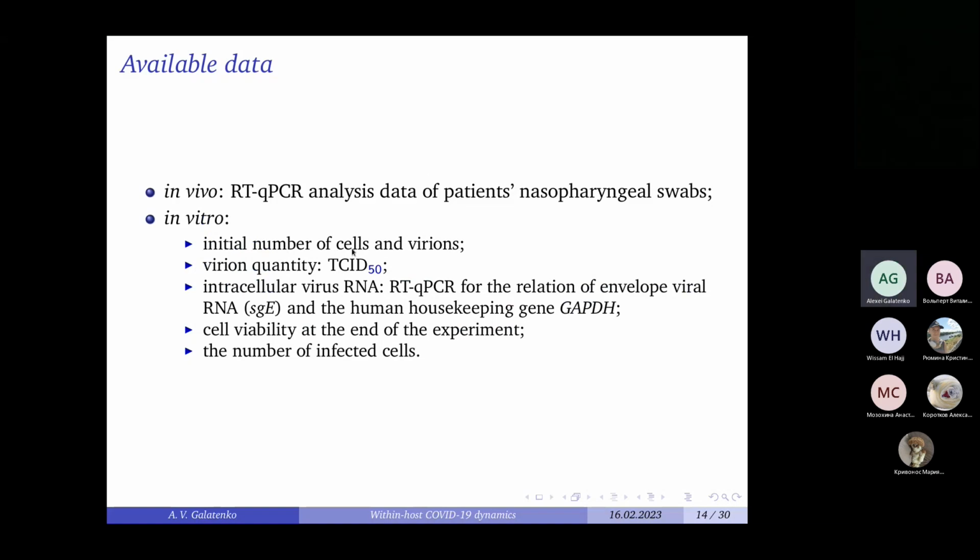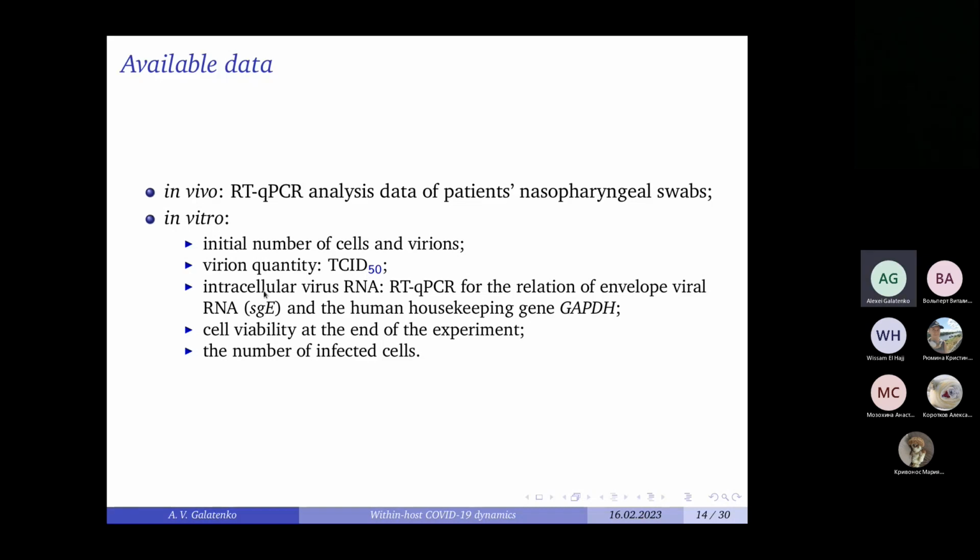We definitely know the initial number of cells and the initial number of virions. We definitely know the time of infection, which is the time at which our experiment started. Researchers can measure virion quantity, normally using TCID sub 50 measurement techniques.